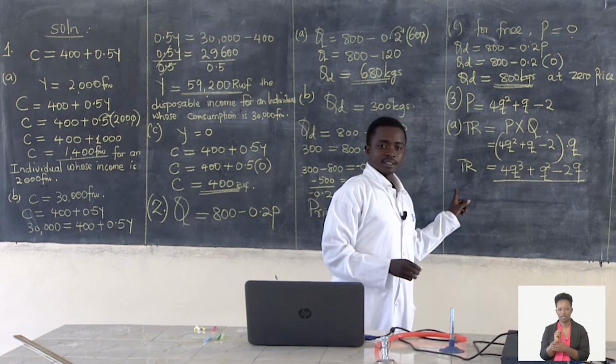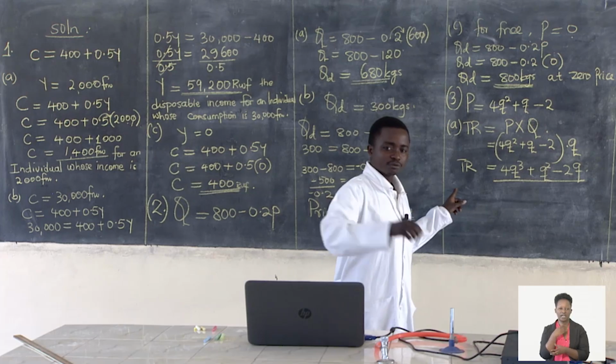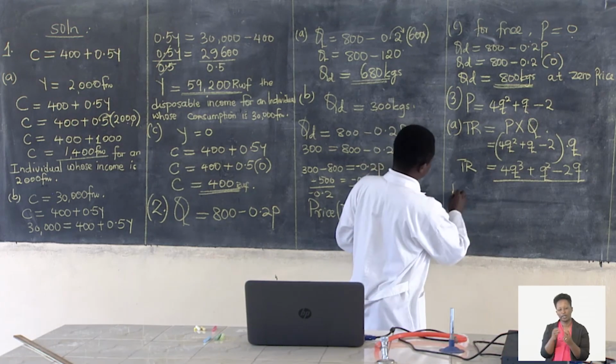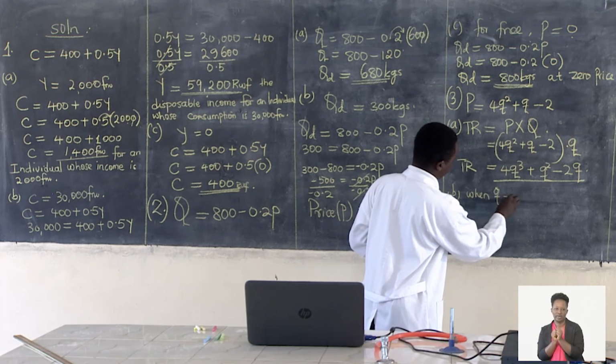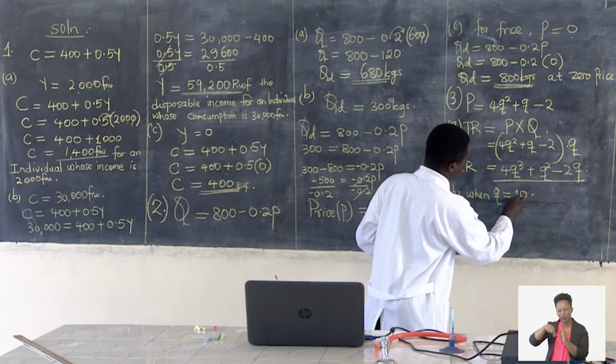Now, part B, they want the total revenue when the output is 10. So when output Q is equal to 10, what will be the total revenue?